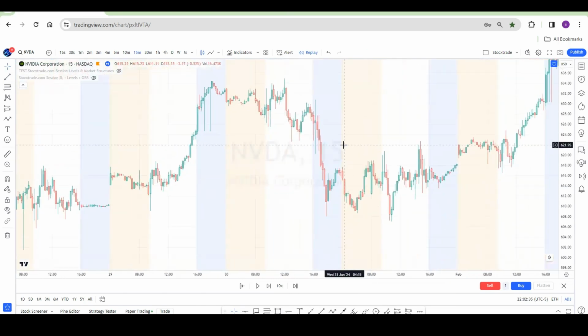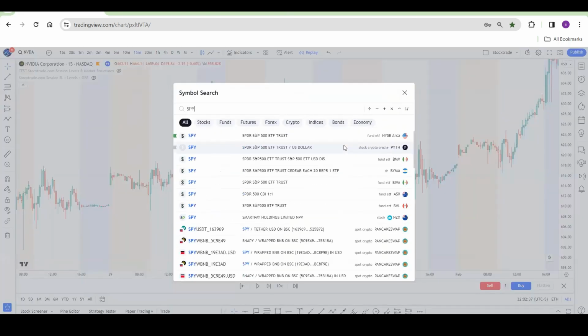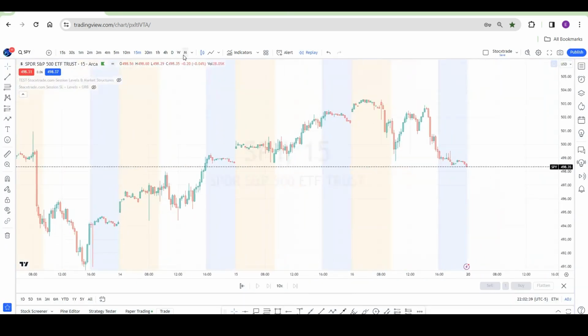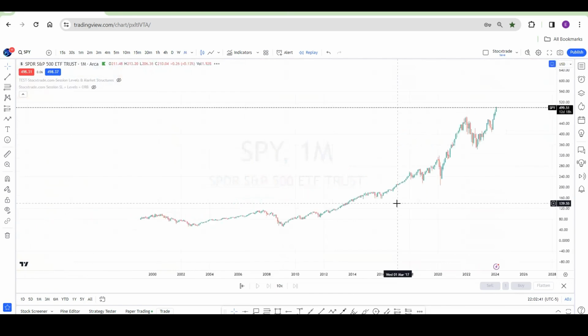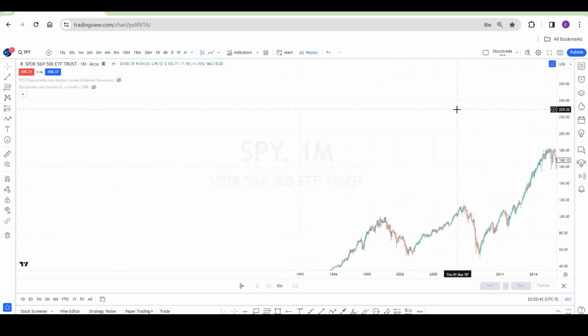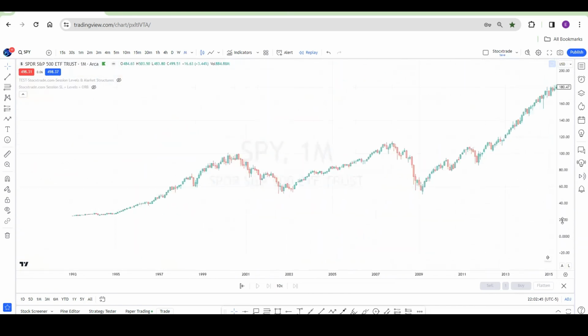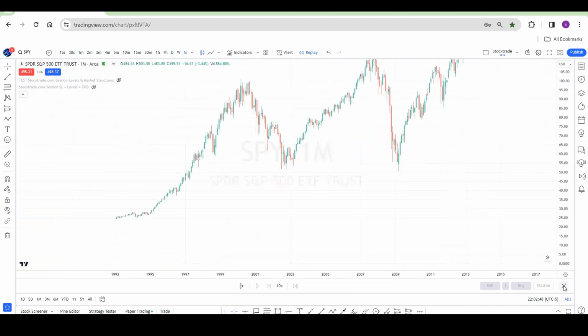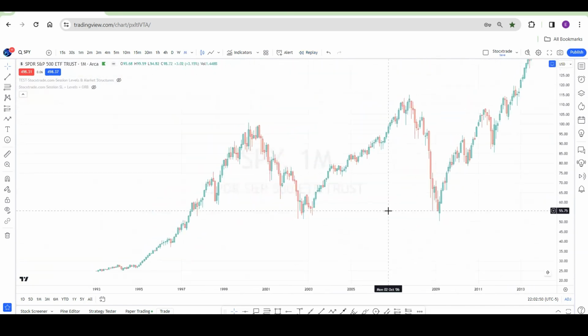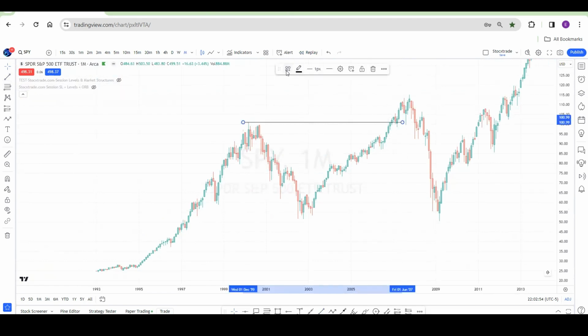Okay, for monthly, let's see SPY in the monthly time frame. Where is your extreme zone? For this strategy, you need to look for the extreme zone. This is your shift.